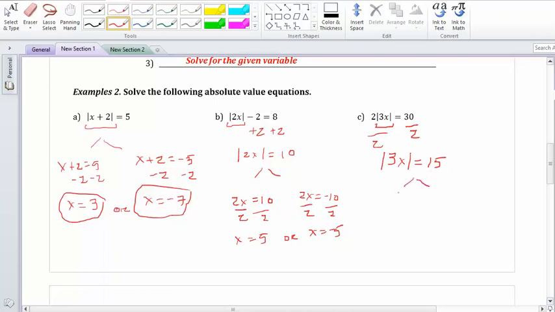Boom, split it up. 3x equals positive 15. 3x equals -15, and then divide. We get x equals 5 or x equals -5. Those are our two solutions, and we're finished.